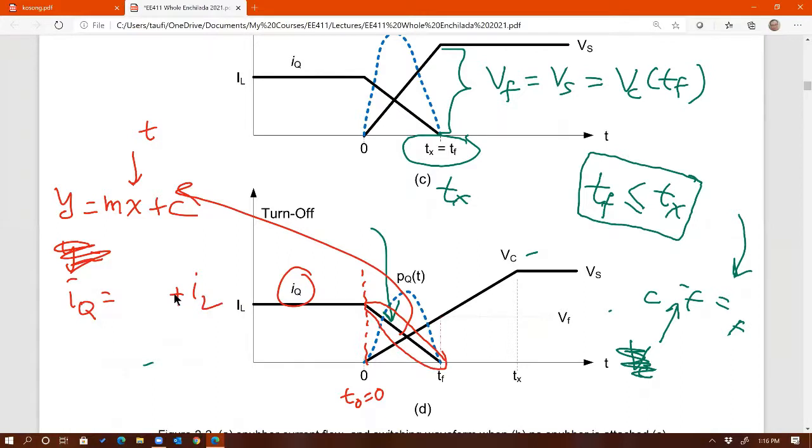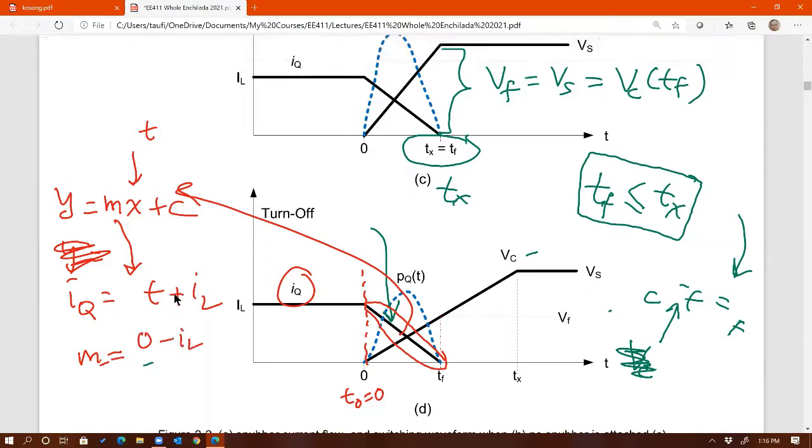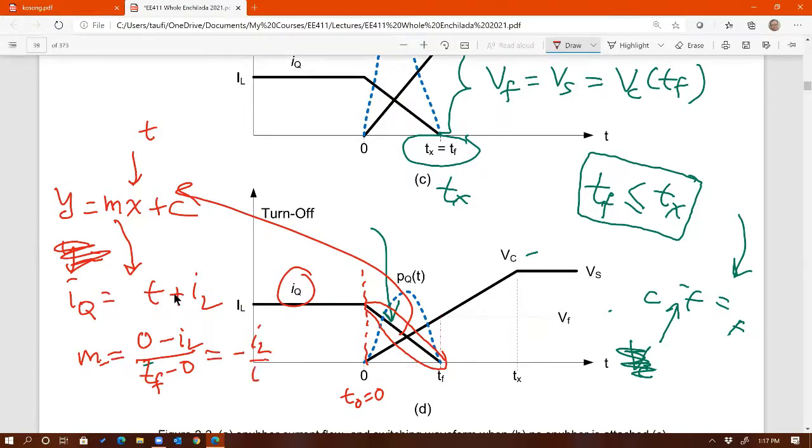What is the slope? Well, you know the slope is dy over dt. What is dy? dy is 0 minus IL. dt is TF minus 0. You agree? So therefore, the slope there is minus IL over TF.